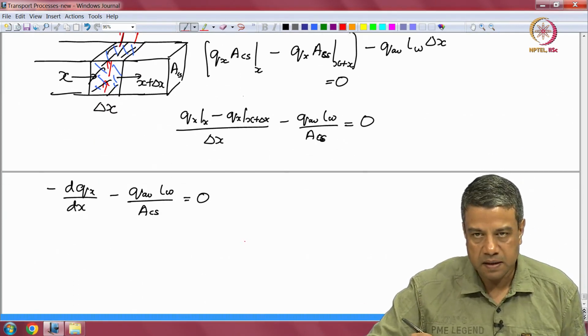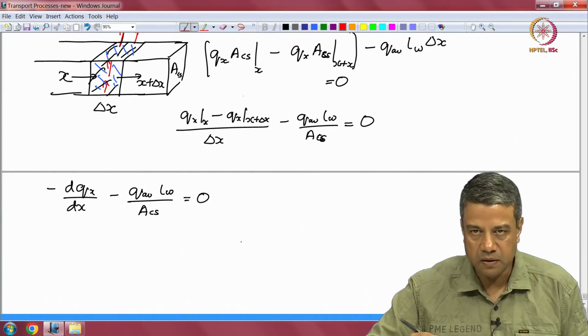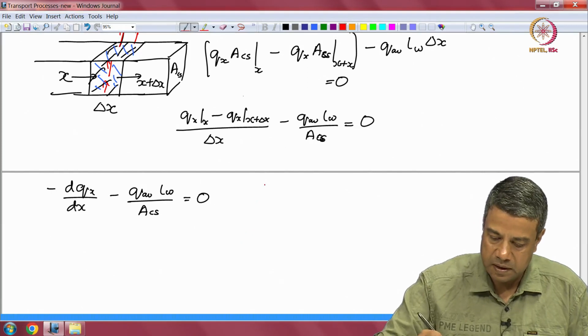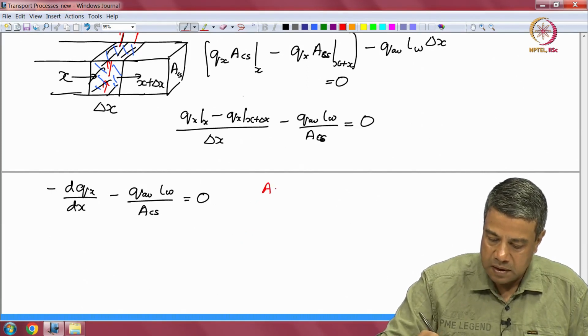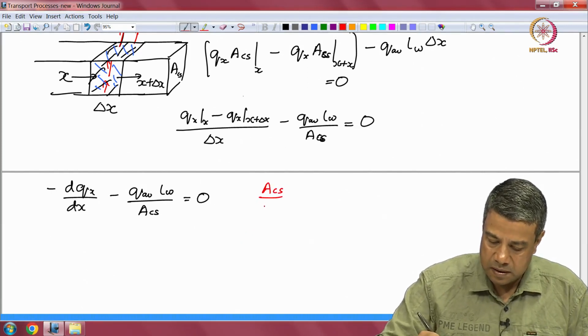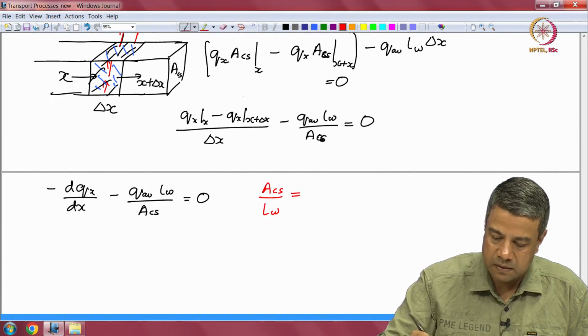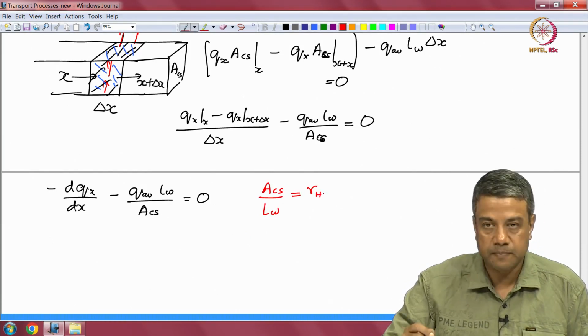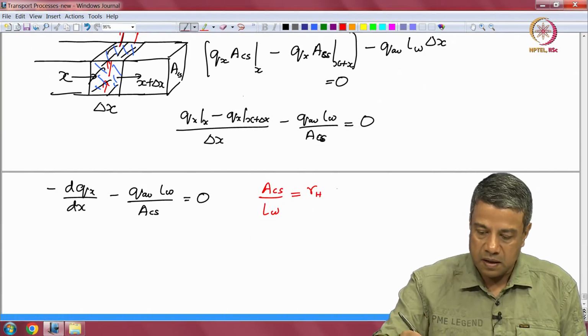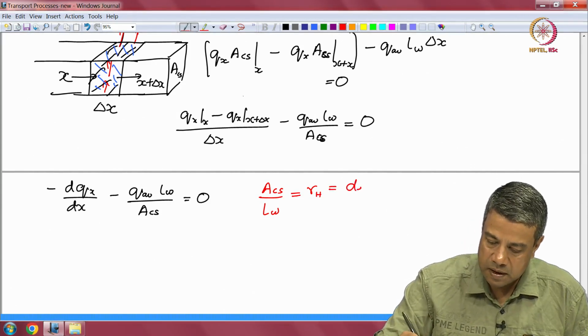Earlier we had said that for pipes and conduits in general, the ratio ACS by the wetted perimeter is equal to the hydraulic radius, if you recall, and the hydraulic radius was equal to the equivalent diameter by 4.